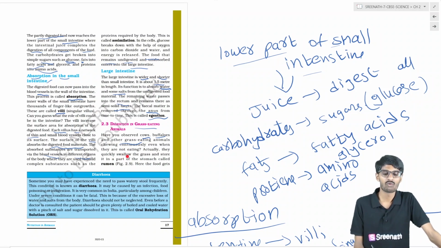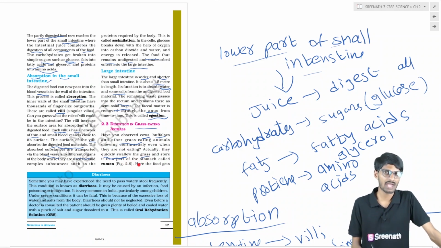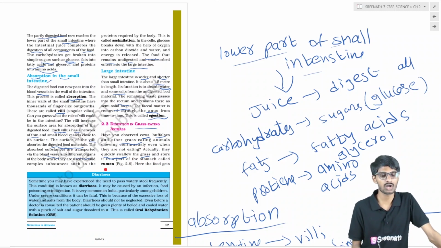So basically, at first they quickly swallow the grass and store it in the part of the stomach called the rumen.